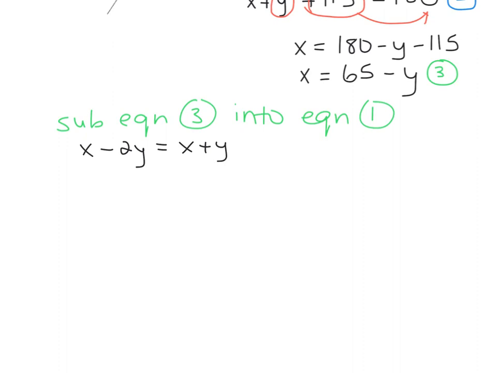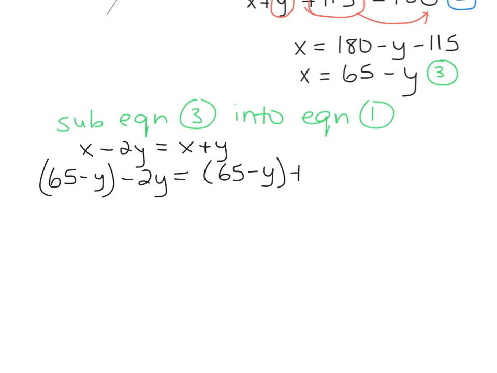So everywhere I see the letter x in this equation, I'm going to put in 65 minus y. And then I've got minus 2y, I have an equal sign, and then I have another letter x, so I need to substitute here as well. And now it's just a matter of collecting some like terms.